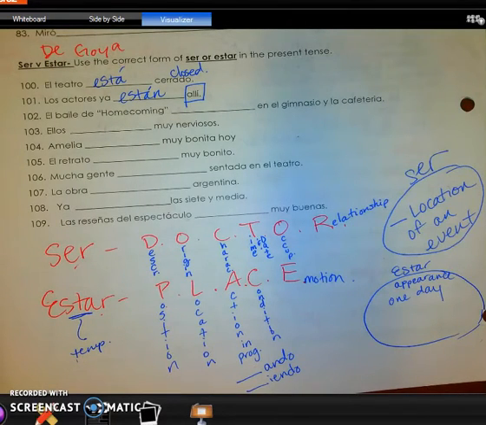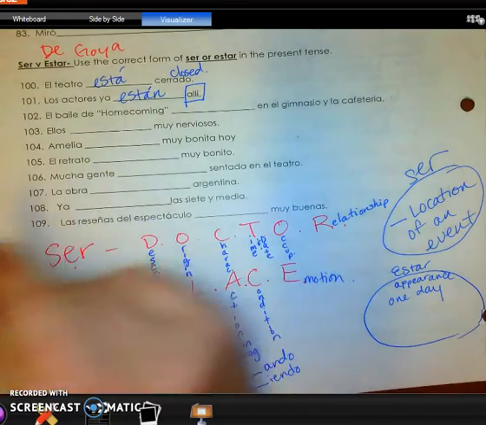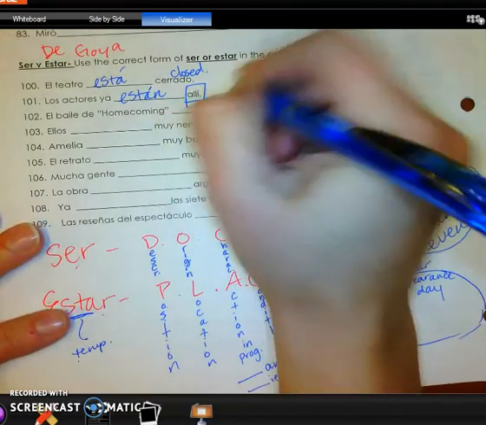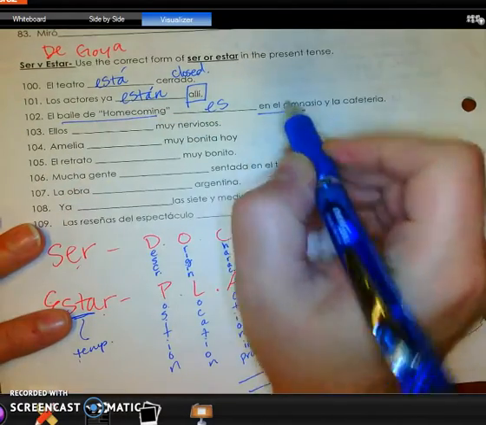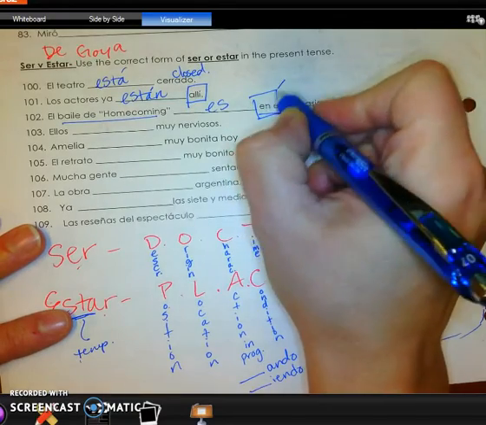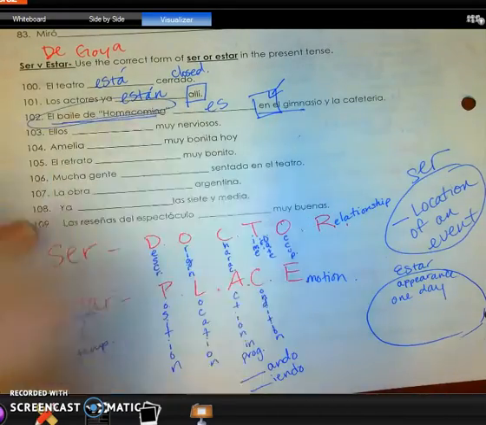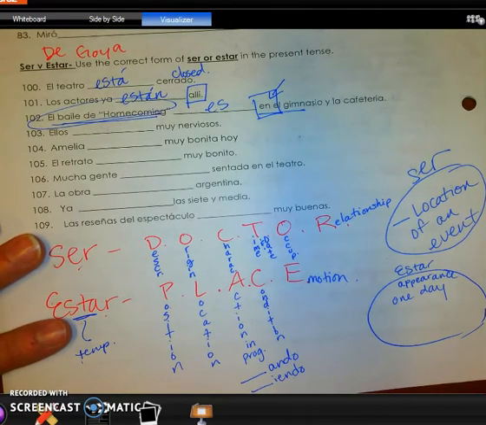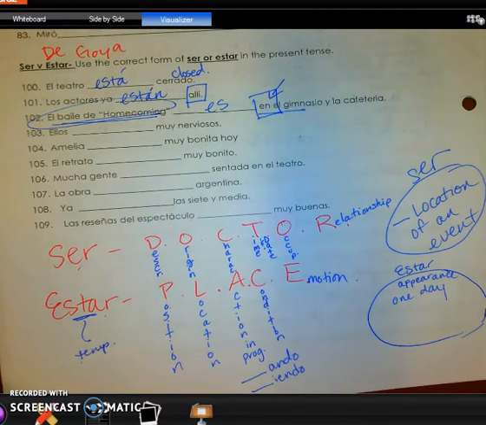So you're going to choose between soy and estoy. El baile de homecoming. Why is it ser? Location of an event. There's the location keyword, and there's the event. Otherwise, the gym is in the senior campus would be estar.